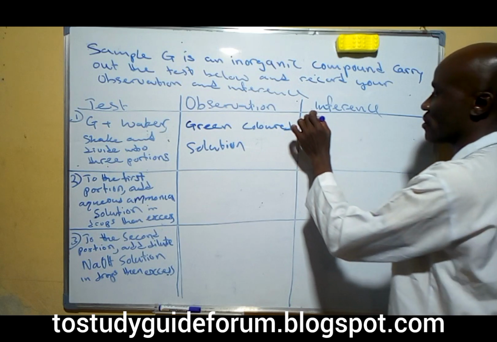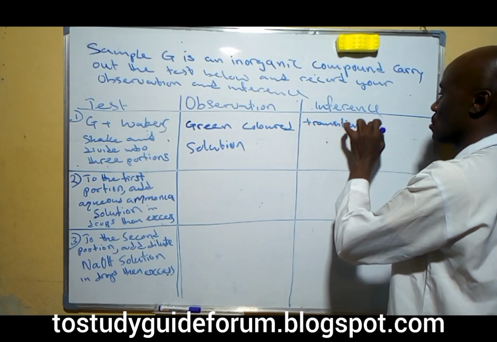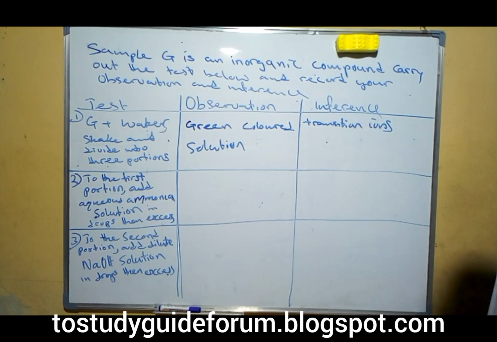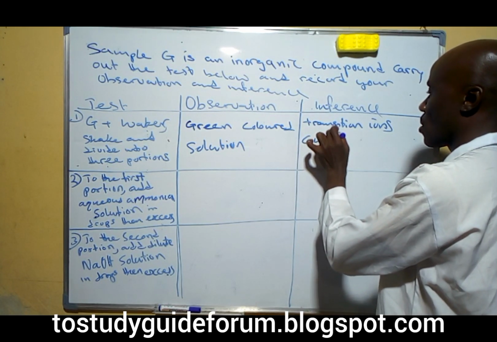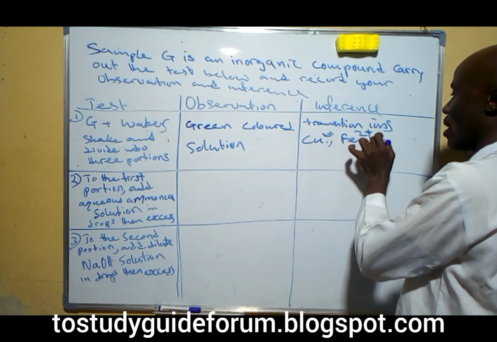Having a green colored solution means that we have transition ions. Some of them that can give us a green color are copper 2 ion and iron 2 ion.